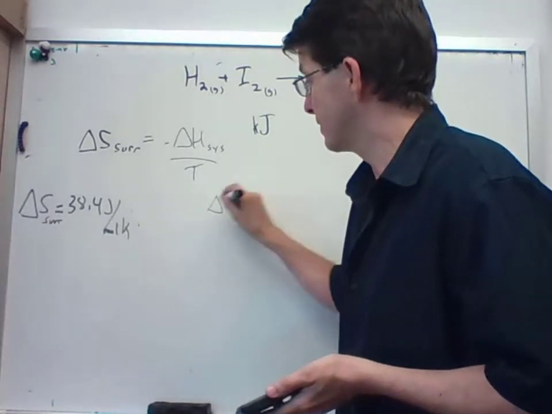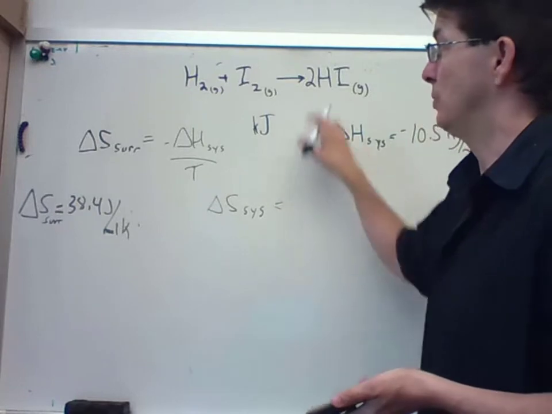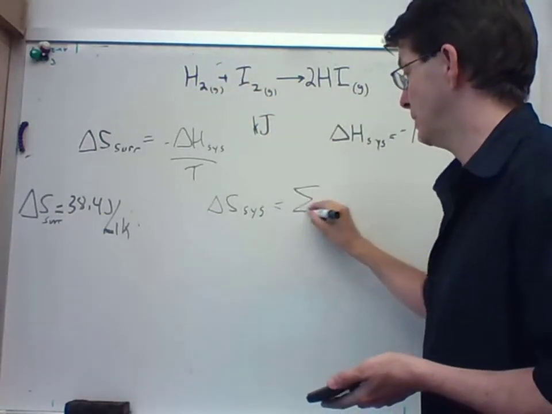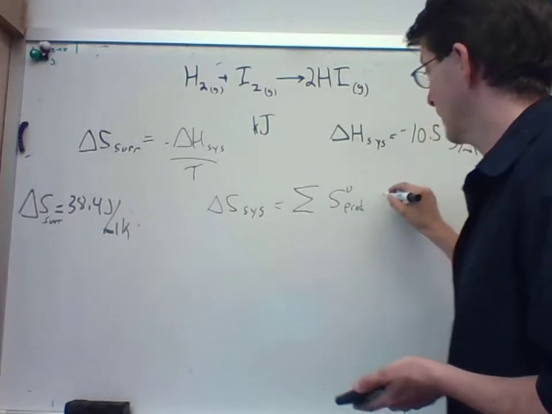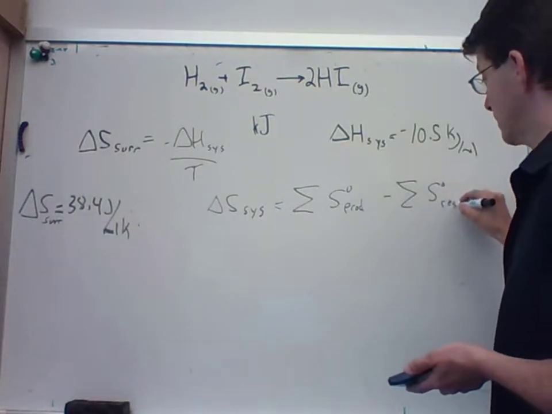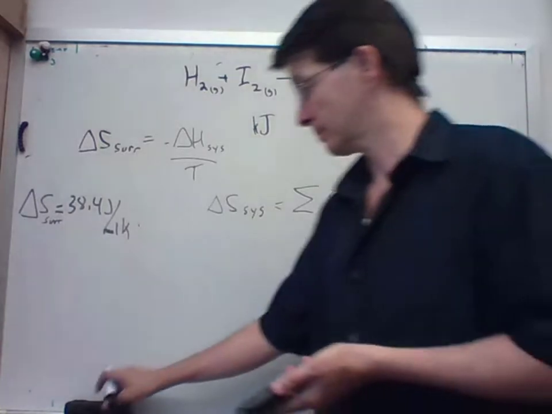The change in entropy for the system is even more simple. And so the standard entropy of the products minus the sum of the standard entropies of the reactants will give us delta S for the system.